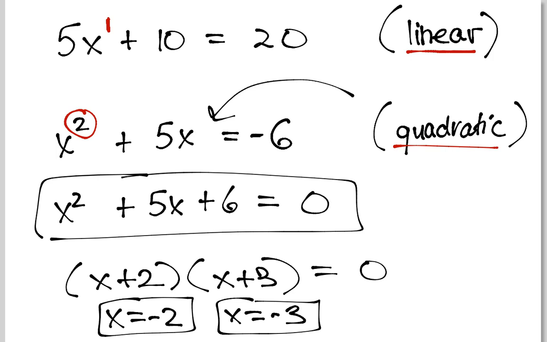How many times does it intersect? That's why there's two answers. But for a linear equation, I can only ever touch once. For a linear equation, maybe this is the 5x plus 10. Where does it meet 20? Only one spot. Okay, so two completely different styles.